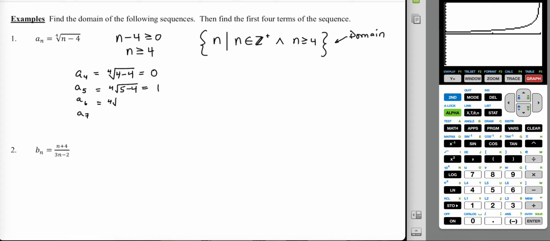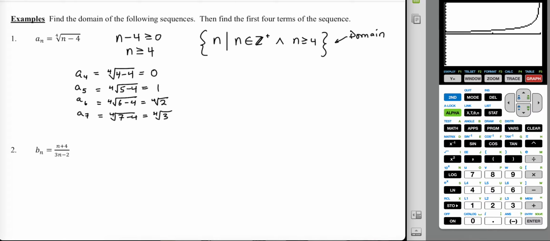The fourth root of 6 minus 4 is going to be the fourth root of 2. And the fourth root of 7 minus 4 is going to be the fourth root of 3. So it's really the fourth root of 0, the fourth root of 1, the fourth root of 2, the fourth root of 3, but some of them could be simplified. It's not too bad when you consider it that way.